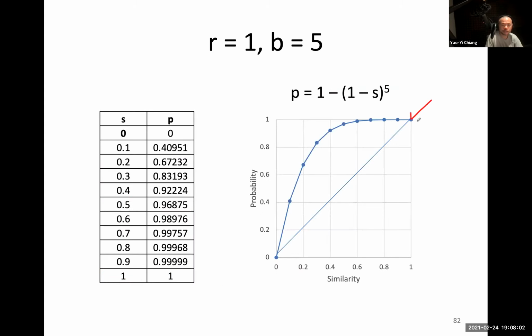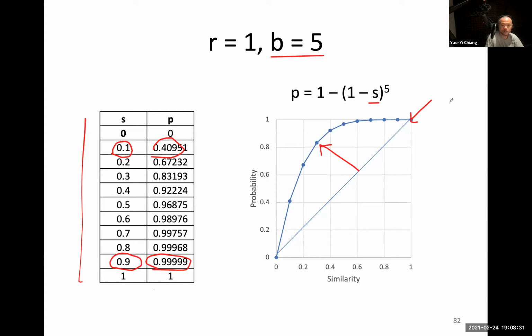This again is your R equal to 1, B equal to 1. If you start to increase B, you can see the line got pushed to this direction. If you look at here, when you have similarity equal to 0.1, you have 40% of the chance to become a candidate, right? 0.1. If you have 0.9, you have really high chance to become a candidate, almost 100%.